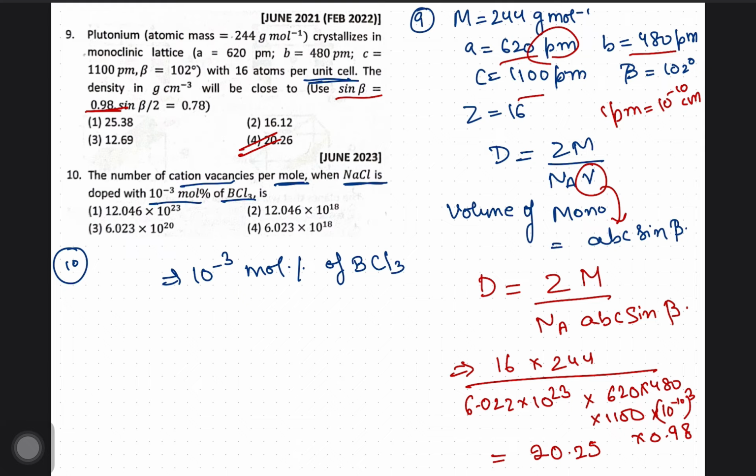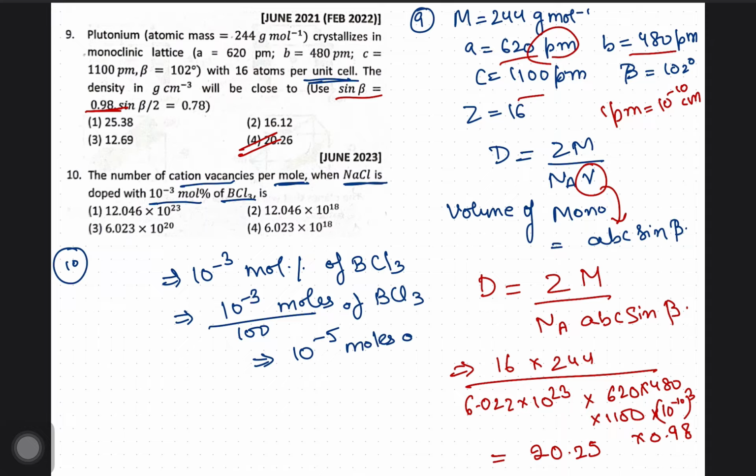This much mole percentage means this much moles of BCl3, that is 10 raised to power minus 5 moles of BCl3, when this NaCl is doped.